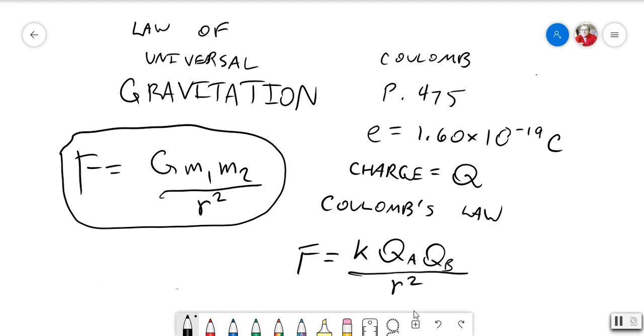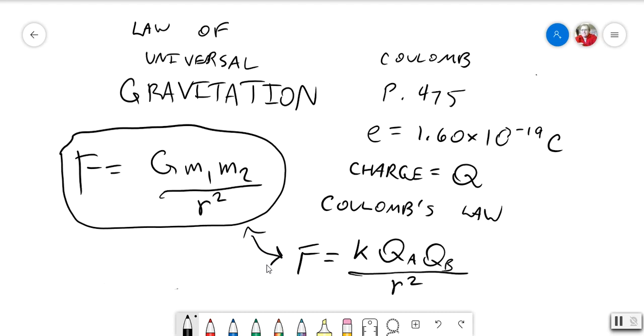And the only difference is that the units are different. QA and QB are measured in coulombs. M1 and M2 are measured in kilos. Constants are different. The radii are measured in the same units, m. So it's interesting that so many of these things work so similarly, even though they describe phenomena that are very different.